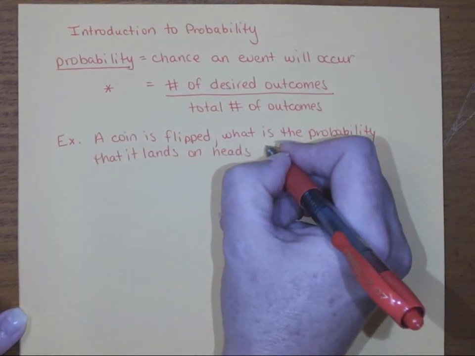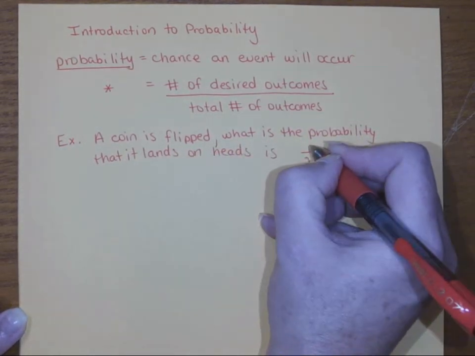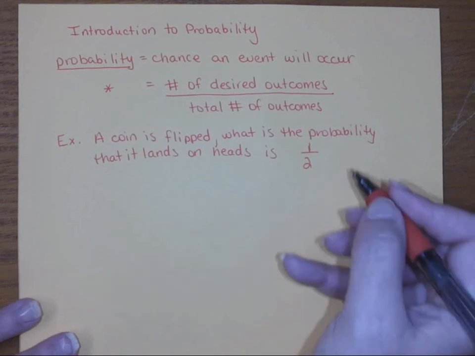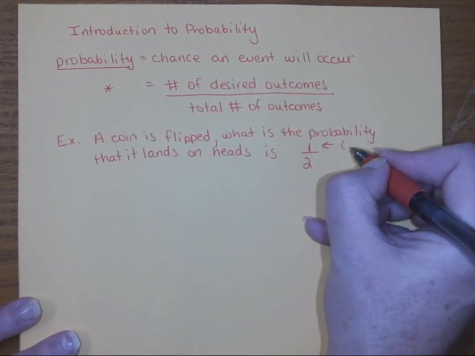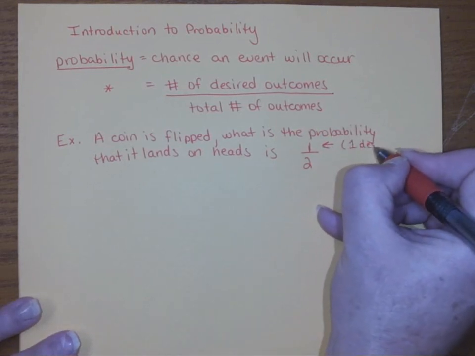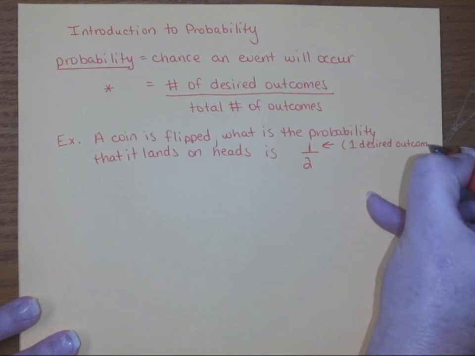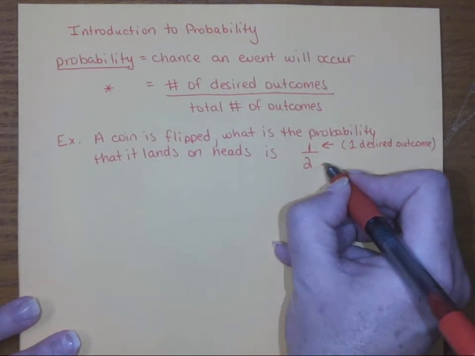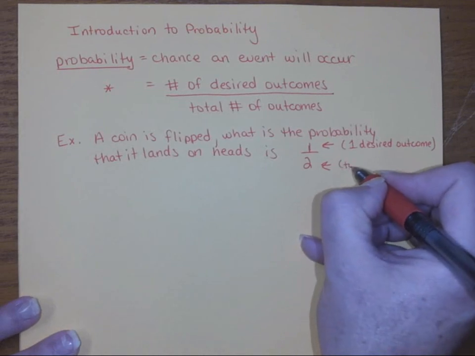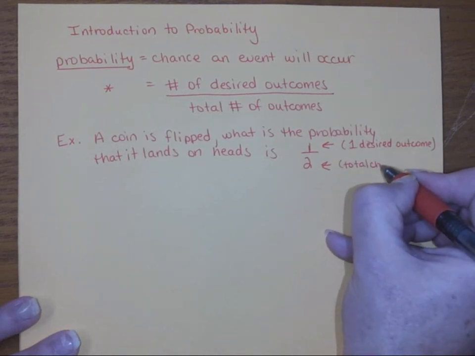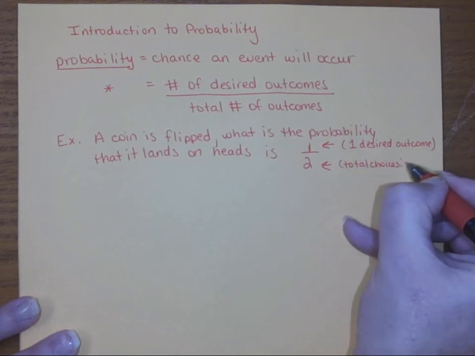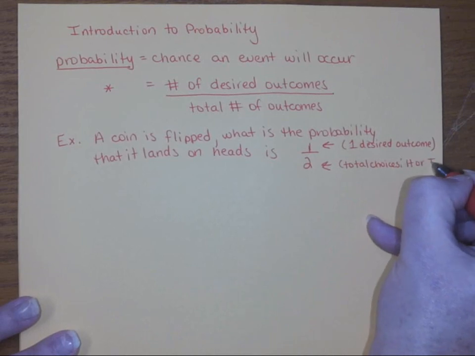And that probability is, of course, I think we know this, right? 1 out of 2. Okay, so the 1 represents the fact that we have one desired outcome, heads. But the 2 on the bottom comes from the fact that we have 2 total choices, right? Of course, it could have landed on heads like we want, or it could have also landed on tails.